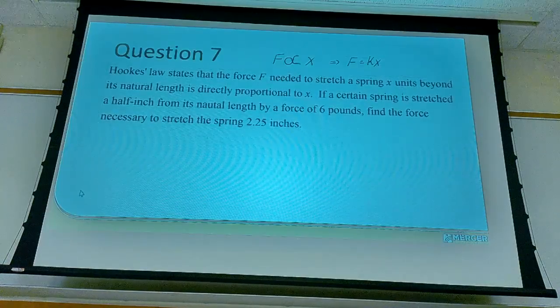Stretched a half inch from its natural length by a force of 6 pounds. So it took 6 pounds to stretch the spring a half inch from natural length. So F would be 6. Find the force necessary to stretch the spring 2.25 inches.